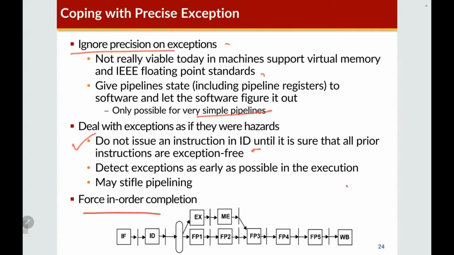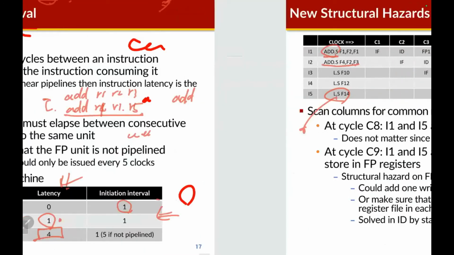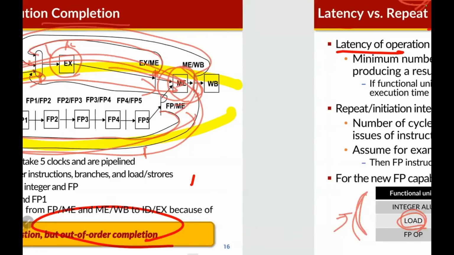Another possible solution is implementing in-order completion. In this example, the processor architecture here on this side, we can find that this is the integer path and this is the floating point path. The integer path will take 5 cycles, the floating point path will take 9 cycles.